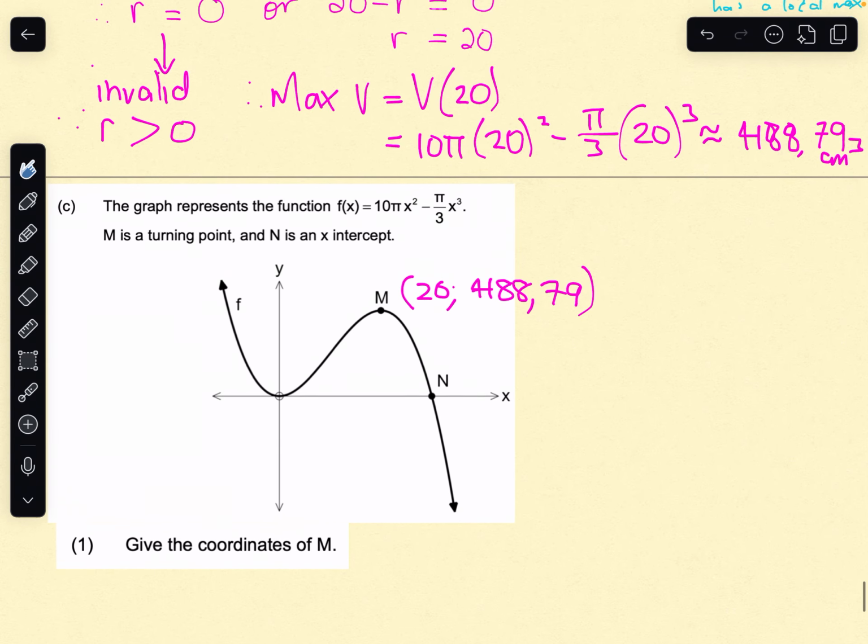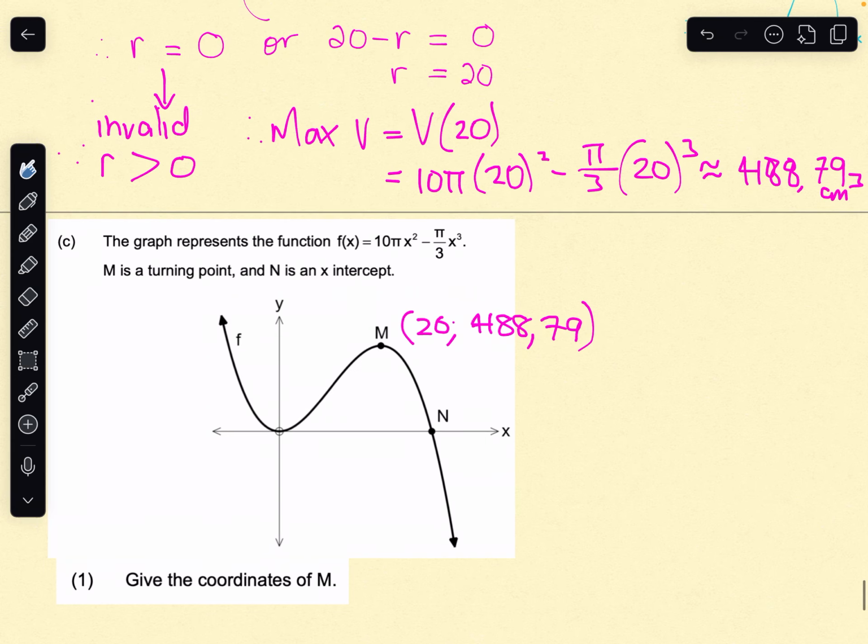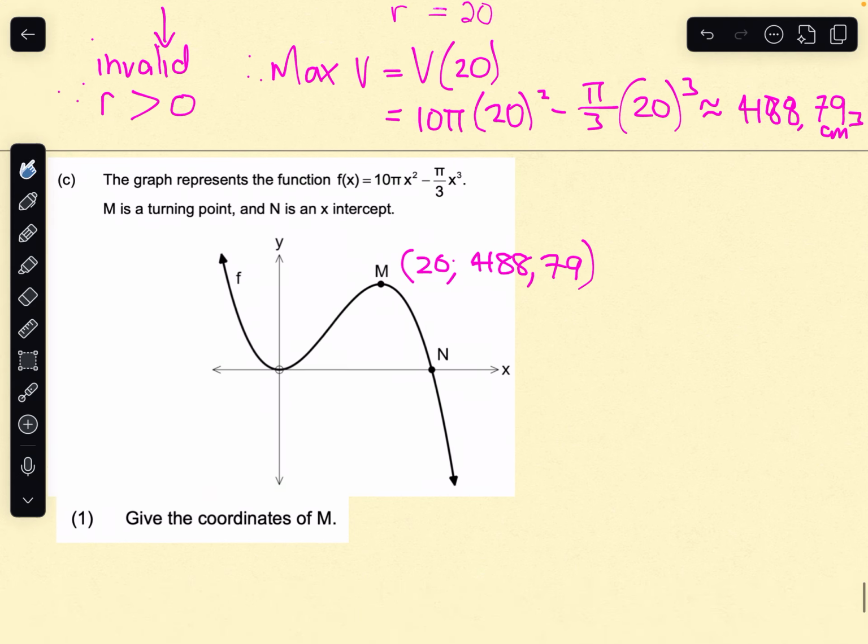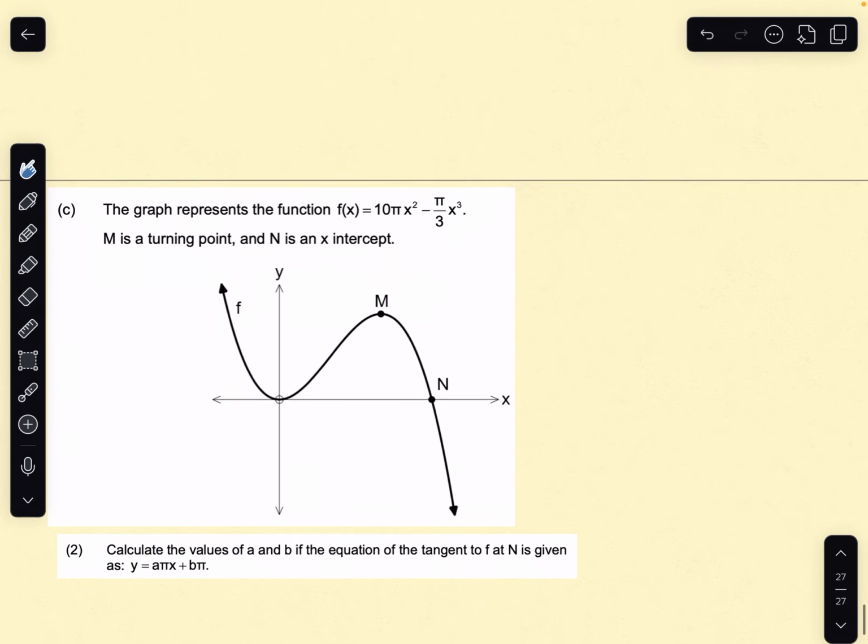But anyway, you save yourself a bit of time if you recognize that this is the same function we were working with in the previous question. And so we already know the coordinates of m. We know that the local max occurs when x is equal to 20, and this is what the function outputs when you put x is equal to 20 into it. Right. So, next question.